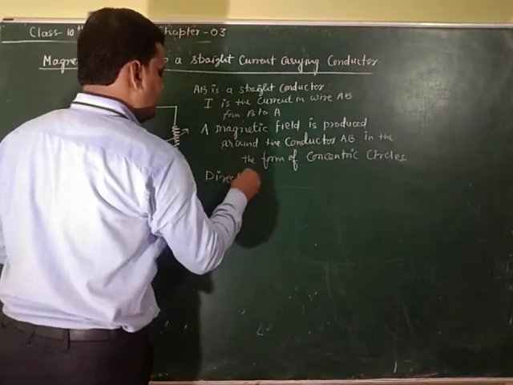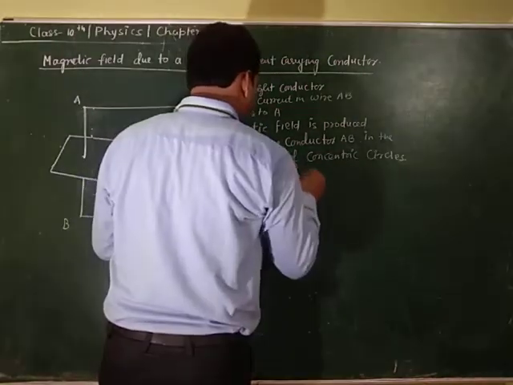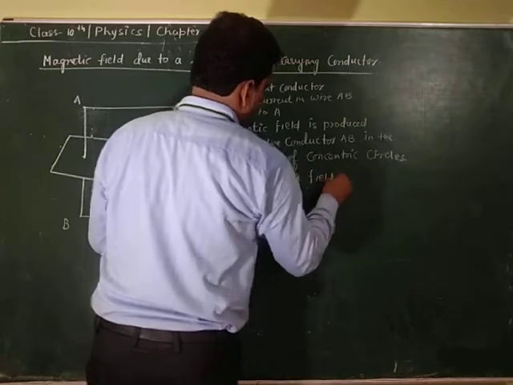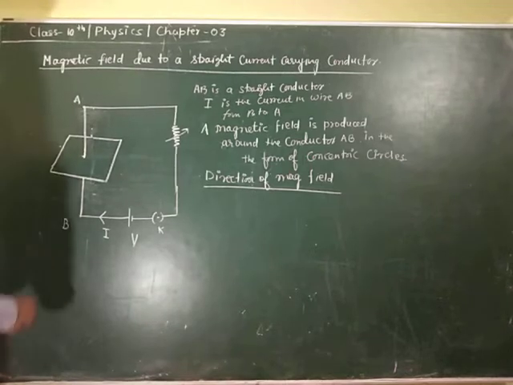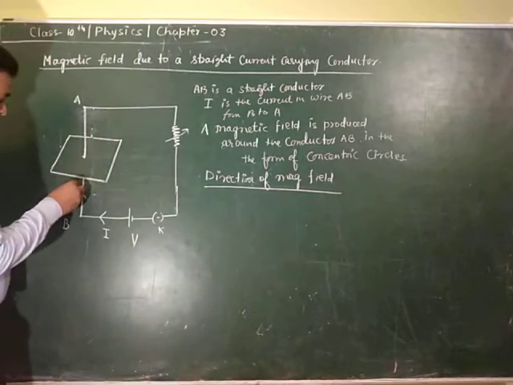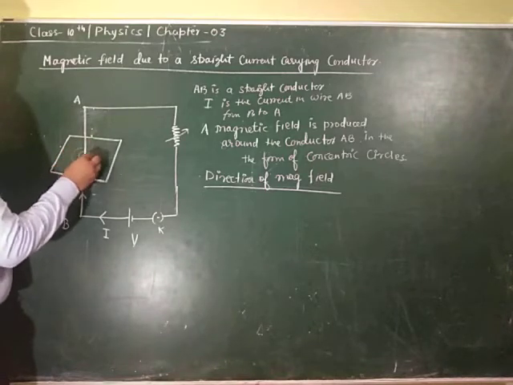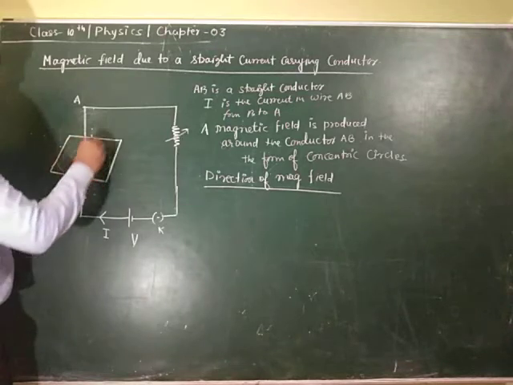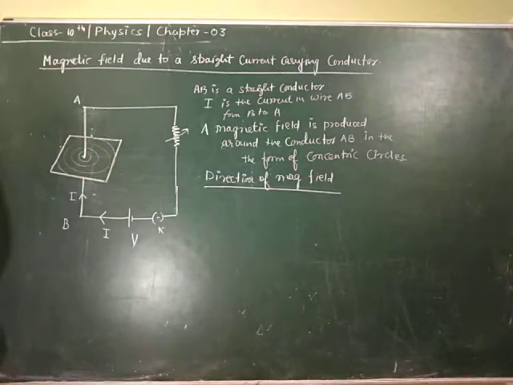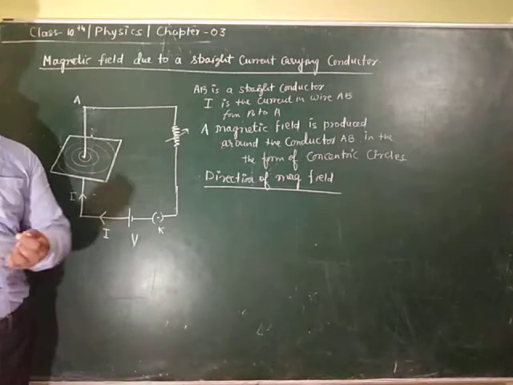And how can we find the direction of the magnetic field? So here you can consider this current is moving in this direction. So the field will be in the form of concentric circles. How can you find that there are concentric circles?